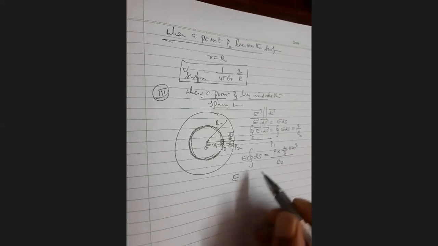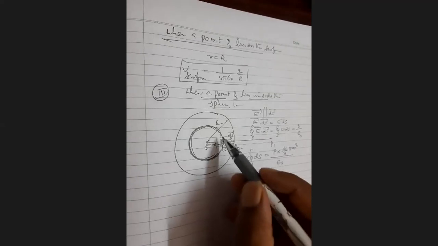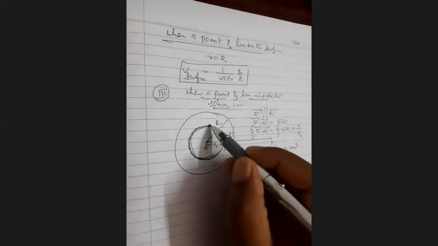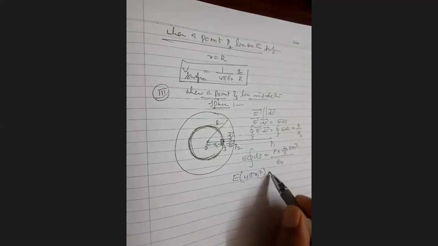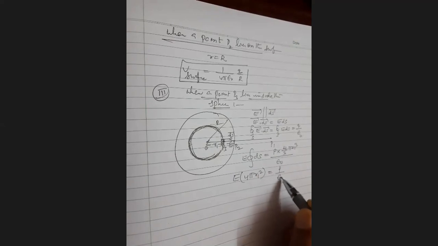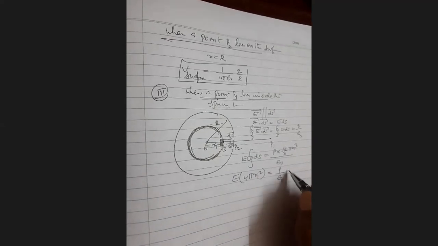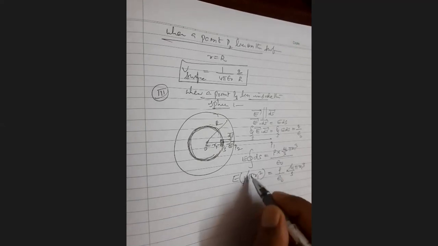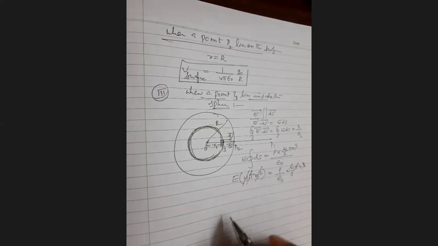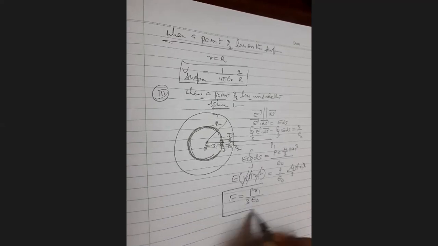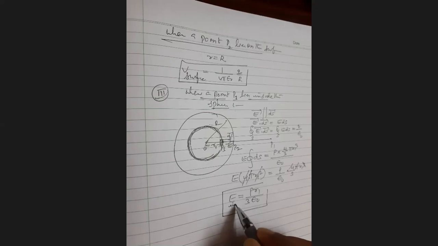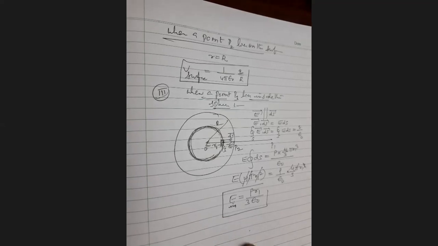The closed integral of ds is the total surface area of the sphere, 4 pi r1 square, equal to rho by epsilon naught into 4 by 3 pi r1 cube. 4 cancels, pi cancels, r1 square cancels. Then we get E equals rho r1 by 3 epsilon naught. This is the field strength inside the uniformly charged non-conducting sphere.